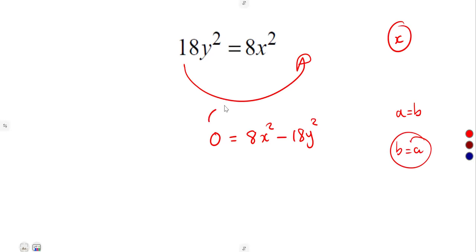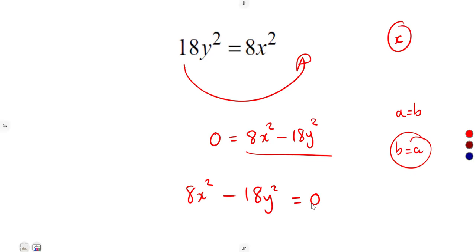So if this 0 is equal to this, it means this also is equal to 0. I can just write it as 8x squared minus 18y squared being equal to 0. I haven't changed anything here. Just rewriting.